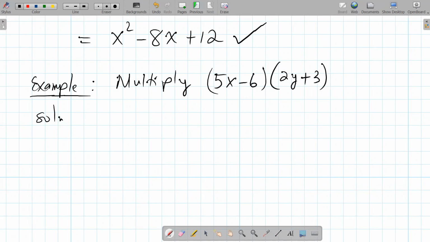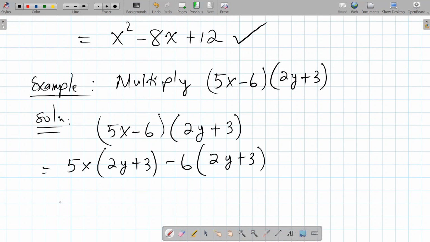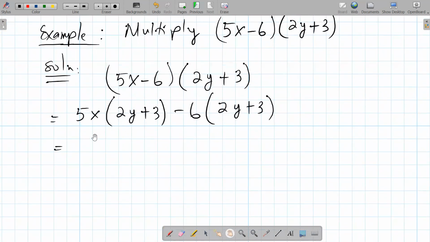Same concept. 5x minus 6, 2y plus 3. So this 5x here is going to multiply everything here. So 5x multiplying everything there. And the negative 6 will also do the same. Multiply everything there. So from here, we just distribute, and we should be all set.